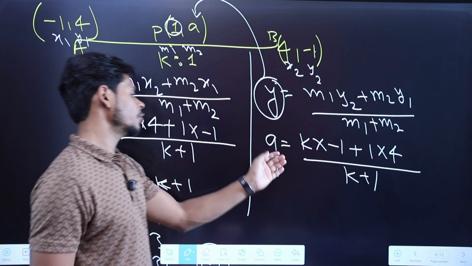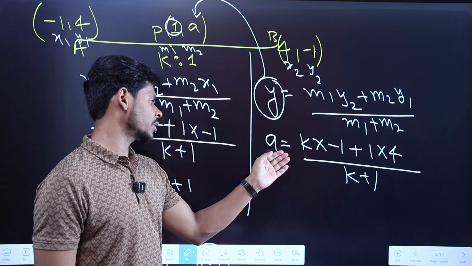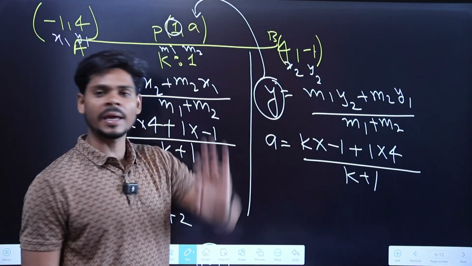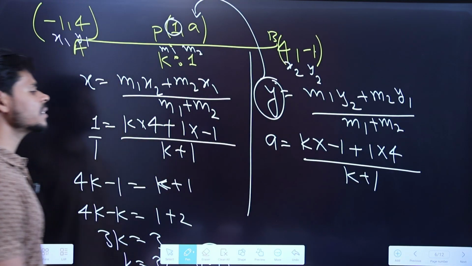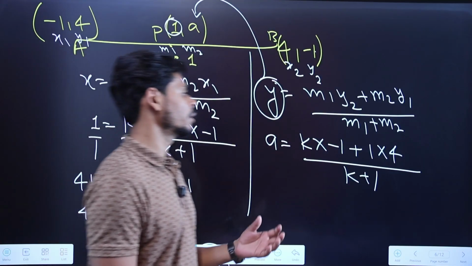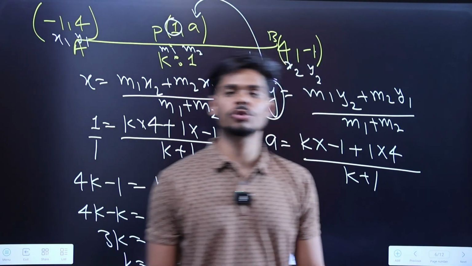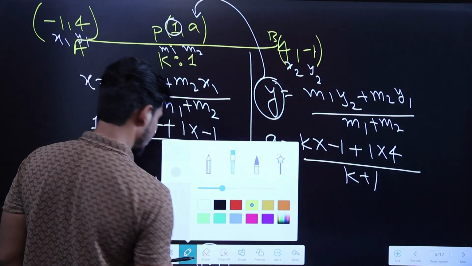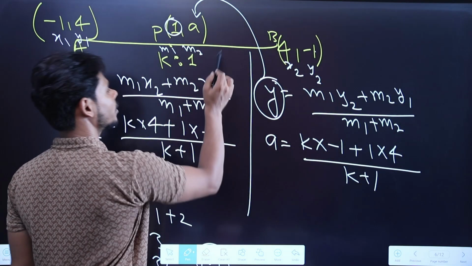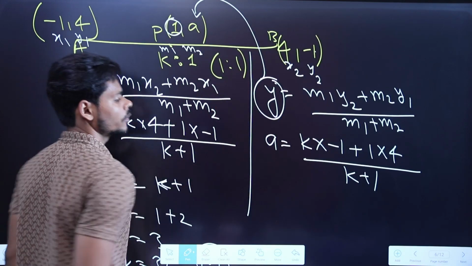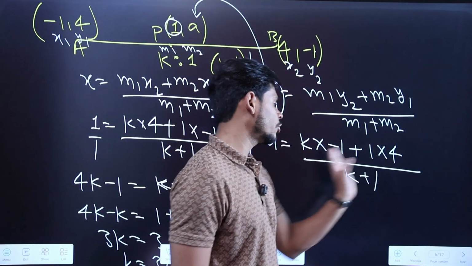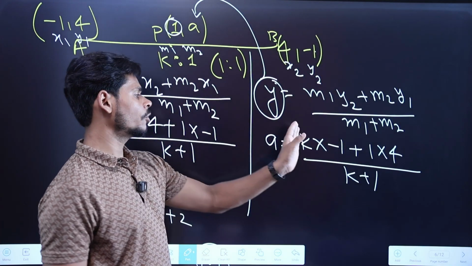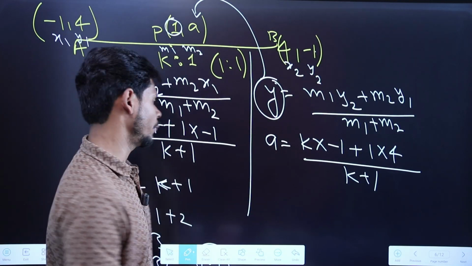Now actually we need to find the value of a, so we don't have to multiply it out, right? And because now we know the ratio is 1:1, we can substitute over here the value of k, which is 1.